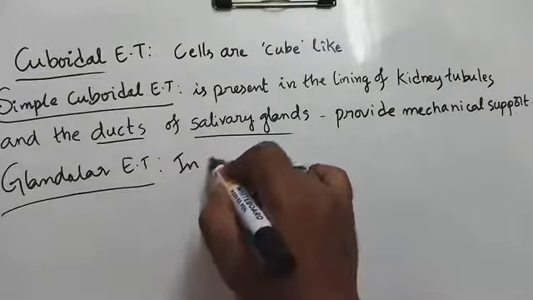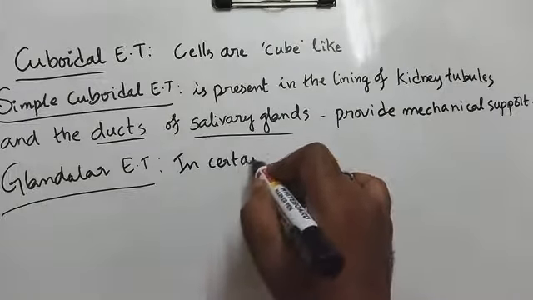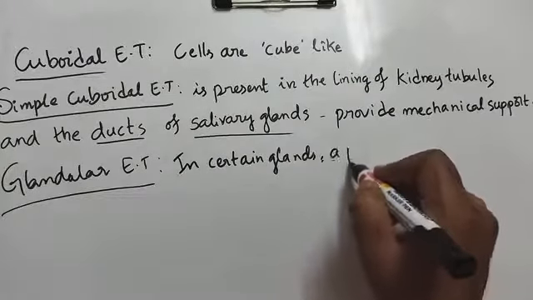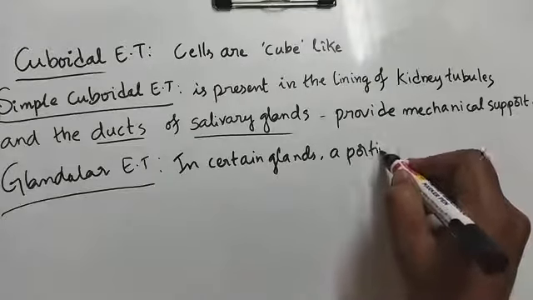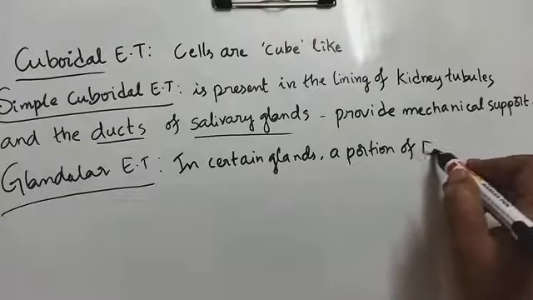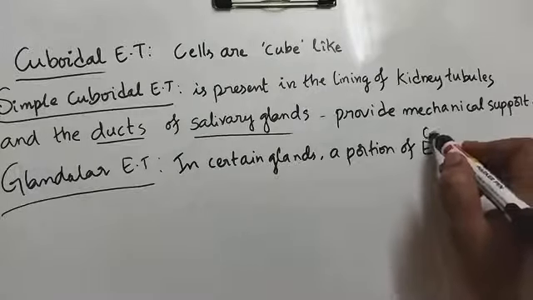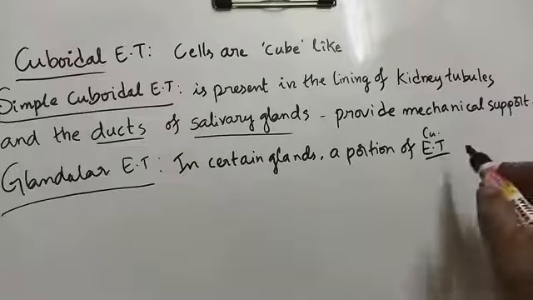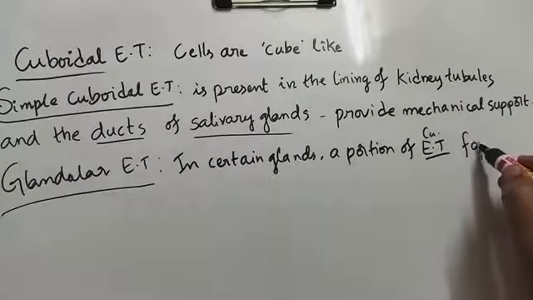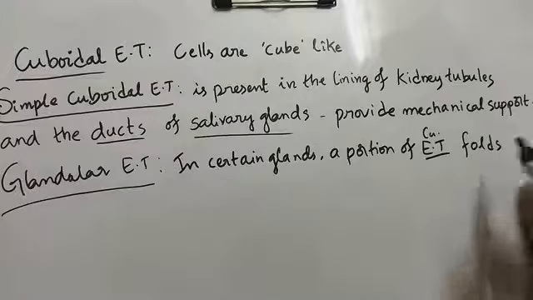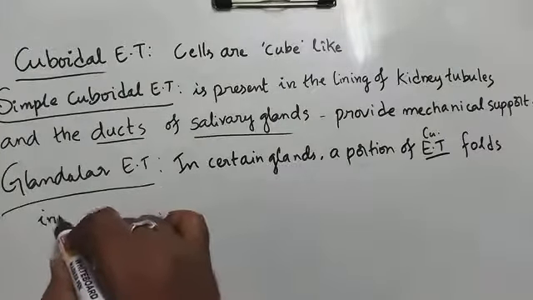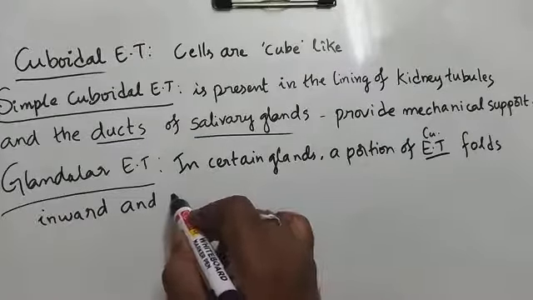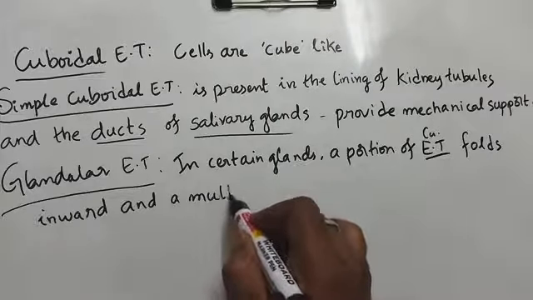In certain glands, a portion of epithelial tissue, cuboidal epithelial tissue, folds inward and a multicellular gland is formed.